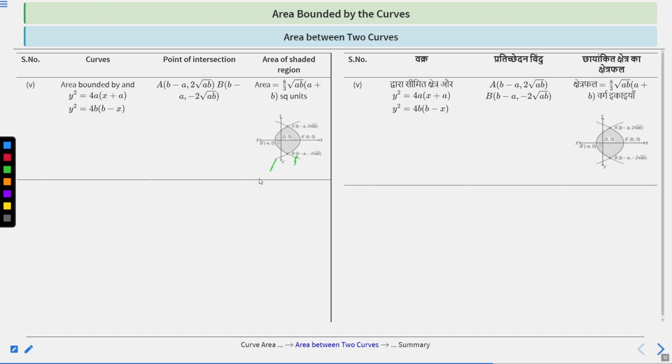The points of intersection will be (b minus a, 2 root ab) and (b minus a, minus 2 root ab), right? Therefore, the area of the shaded region will be 8 by 3 root ab into (a plus b) square units, right? You have to remember 8 by 3 root ab into (a plus b) square units. Clear? Got it?